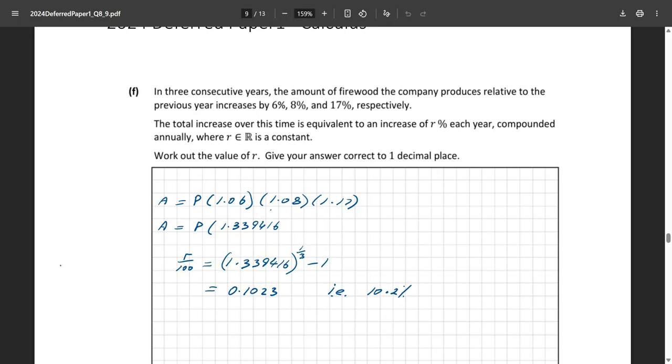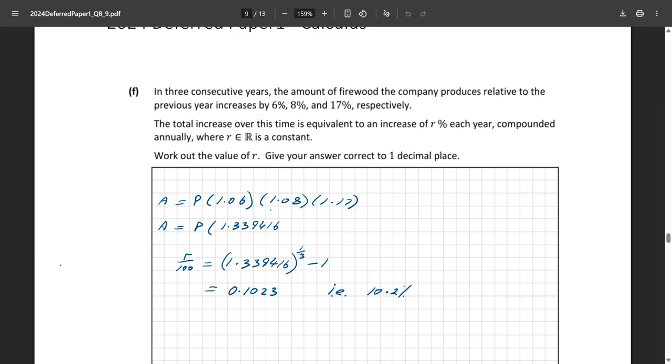So it's the same idea. And that'll give you your interest rate, or in this case your rate for the firewood. So basically that works out to be 0.1023, and as a percentage that's 10.2%.